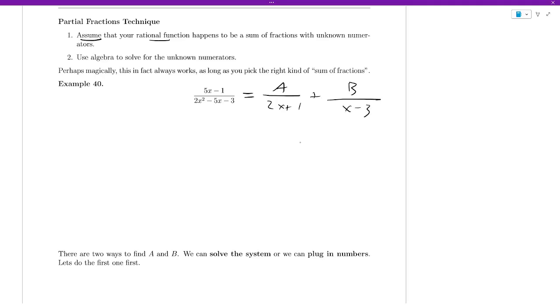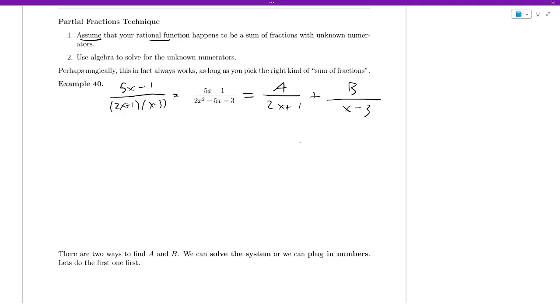So the denominator here, we saw from the previous algebra, factors into 2x plus 1 times x minus 3. That happened in our last example, right? What if this was always the case?